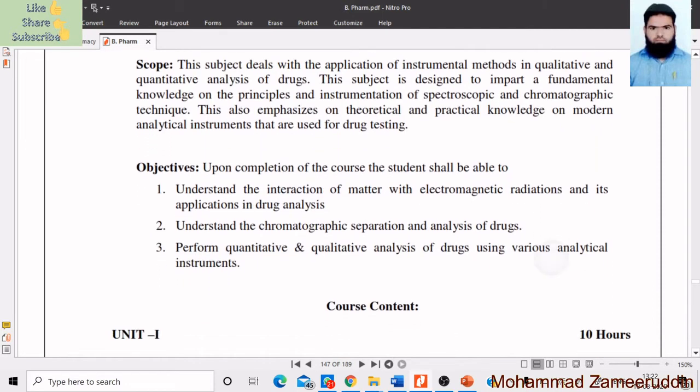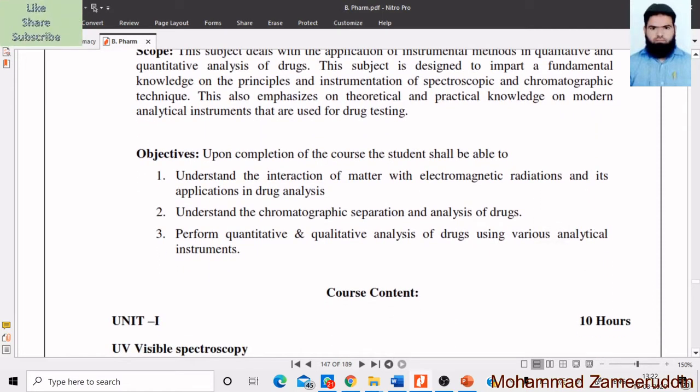The objective of this syllabus is to understand the interaction between the methods and electromagnetic radiation and its application in different analysis of drugs or in day-to-day life. The second objective is that we should understand the basic principle of chromatographic separation and the different methods of chromatography and their application in different fields of analysis in the pharmaceutical industry or any other industry.